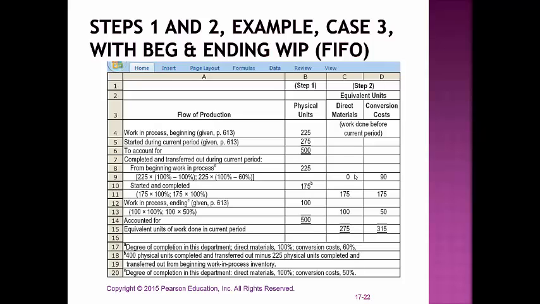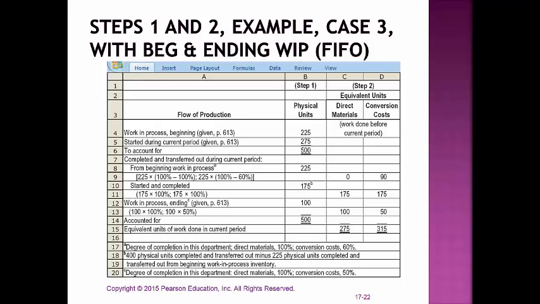Next, we have 175 more units that were started and completed. Where are these two numbers, 225 and 175, coming from? If you'll recall, in our last scenario we had 400 units that were completed and transferred out.